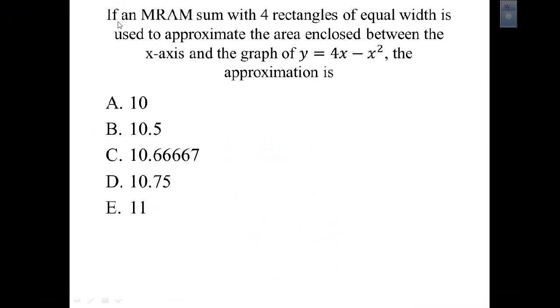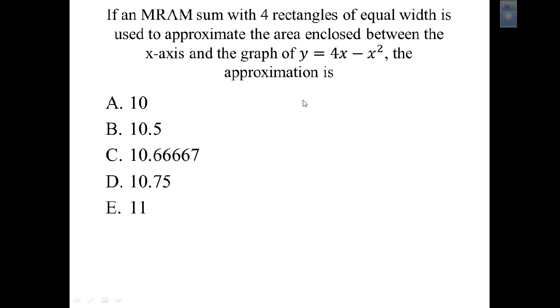All right, so for this one, if an MRAM sum with 4 rectangles of equal width is used to approximate the area enclosed between the x-axis and the graph of y equals 4x minus x squared, the approximation is what? Now I'm going to help you along with this, but I'm not going to actually work it all the way out. You're going to have to work it out.